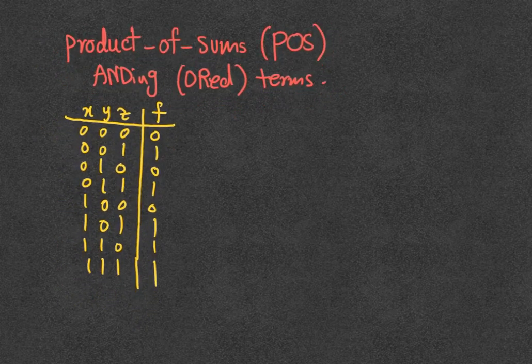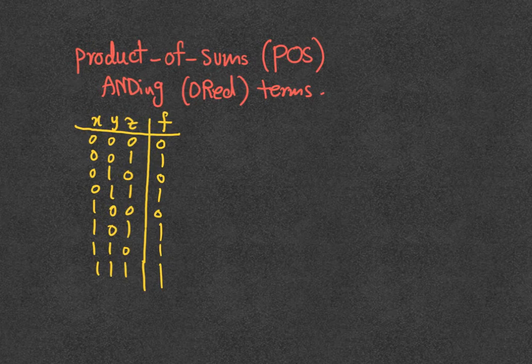Now you want to find out the product of sum. For product of sum, you use max terms. Max terms are shown by capital M: M0, M1, M2, M3, M4, M5, M6, and M7. So each row is one max term.